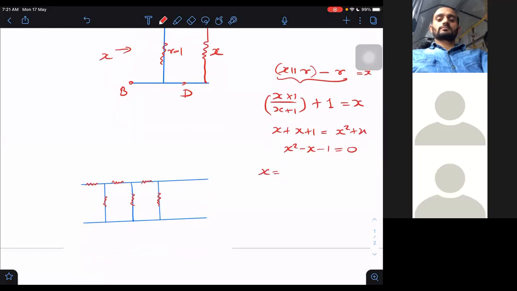So X is equal to 1 plus or minus root 5 by 2.